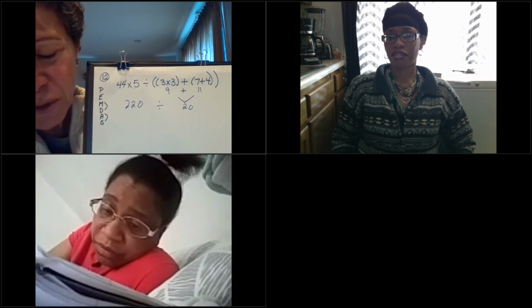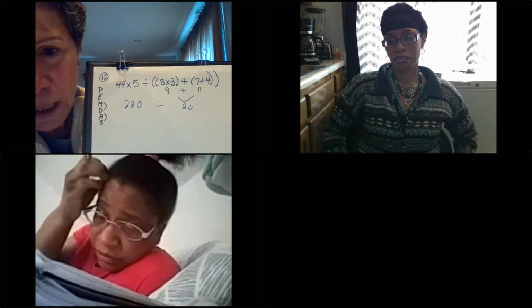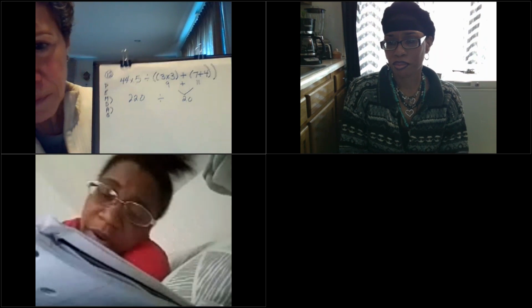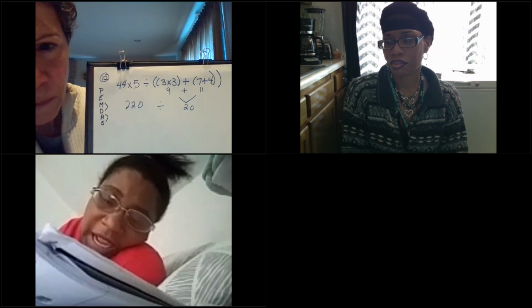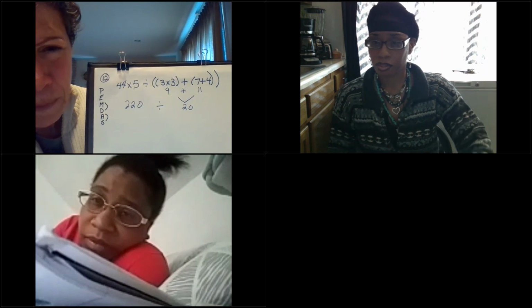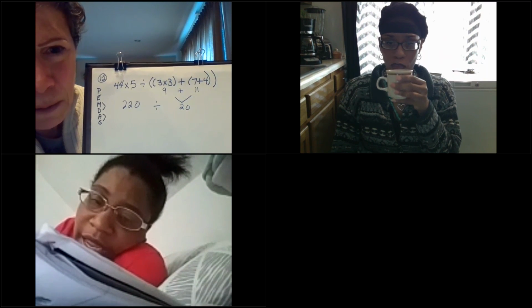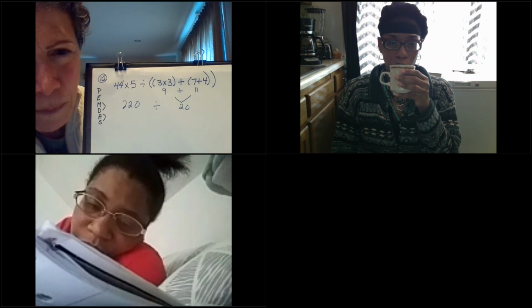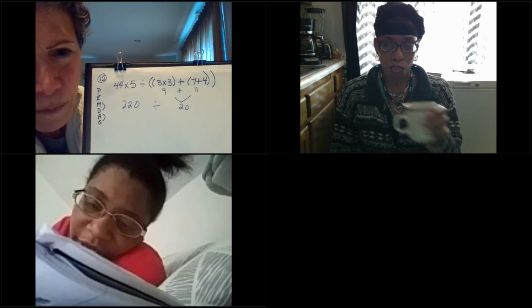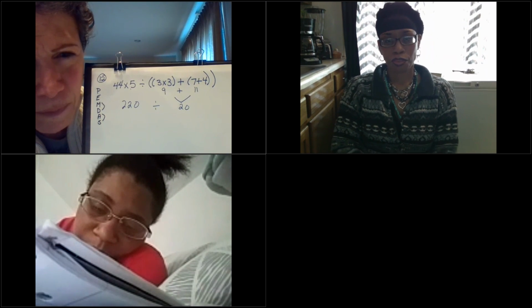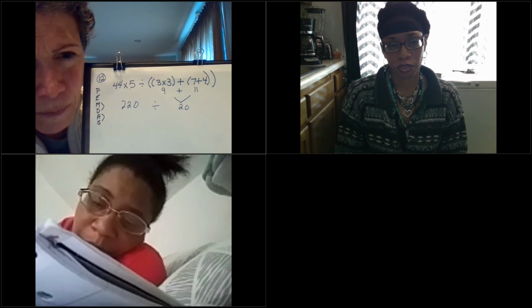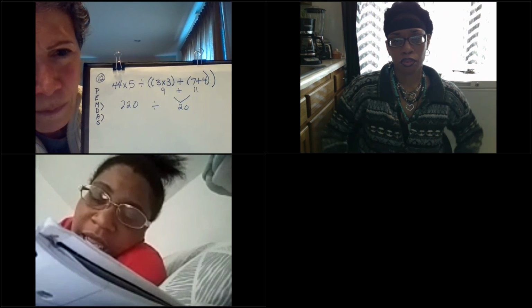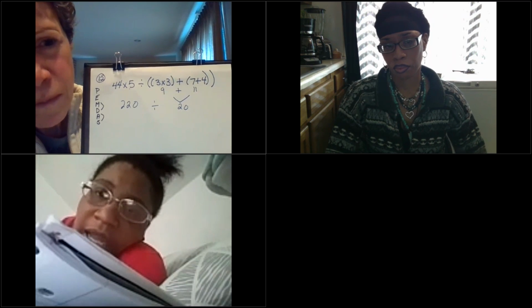No. I ended up with 35.4, but I'm going to tell you how I got it. 3 times 3 is 9, and then 7 plus 4 is 11, and then 220 divided by. See, I didn't add the 9 and 11 together at first.